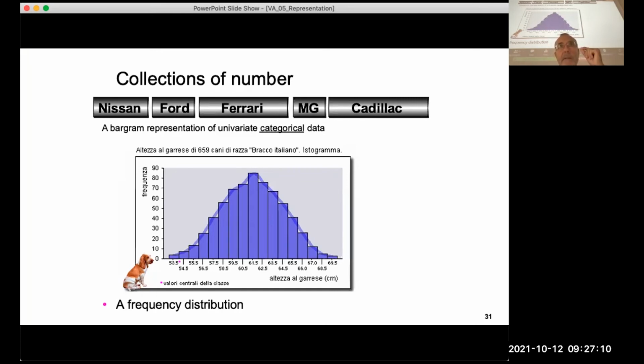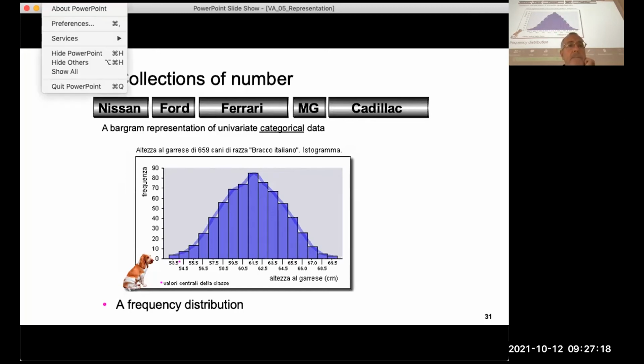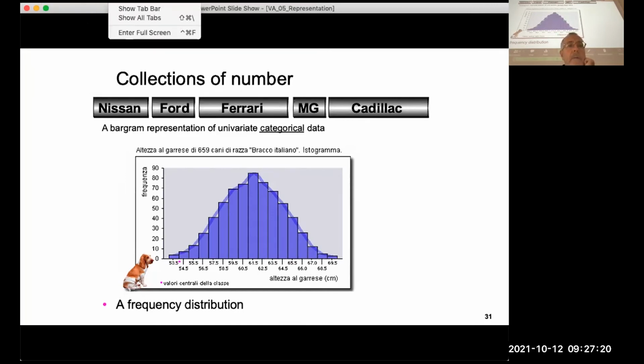Perceiving the difference is easier if you look at the position. Let me, I cannot use, oh, I can, maybe I can do. Not here, I have to go outside the presentation. I want to show you what I mean.